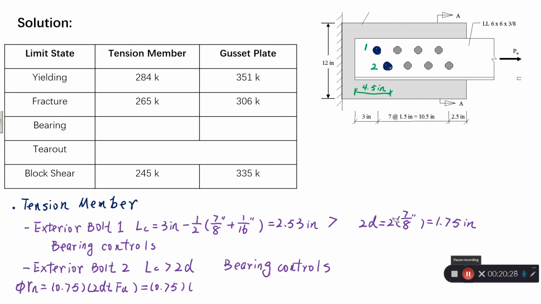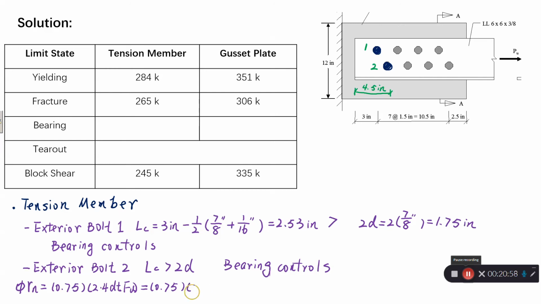Okay, so we'll calculate it. 2d is 1.75 inches, and t, the thickness of the angle is, oh sorry, it's not 2d, it's 2.4. Okay. 2.4 d t Fu.